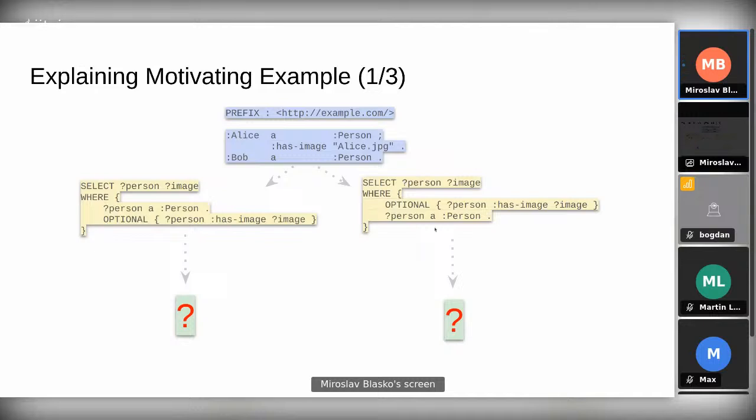We had this query there, but I would like to show that those queries actually return different results, which might be for many people counterintuitive, because here is a person that optionally has an image, and somebody would think that this would return the same result, but it's not true.